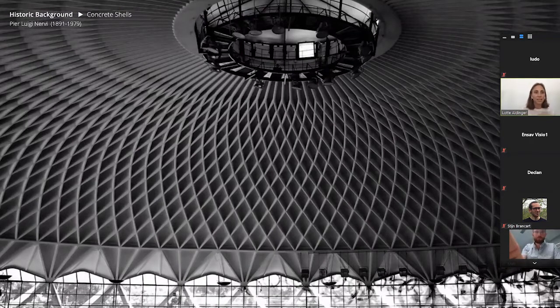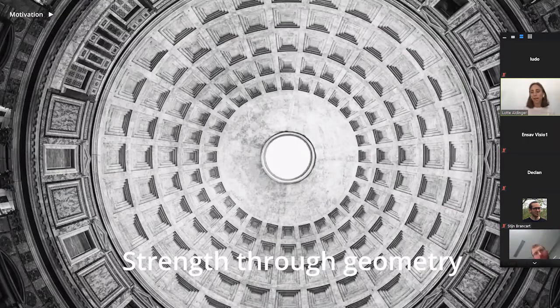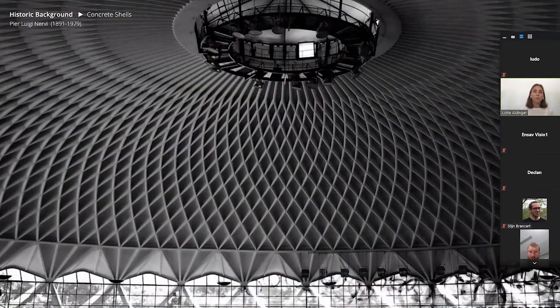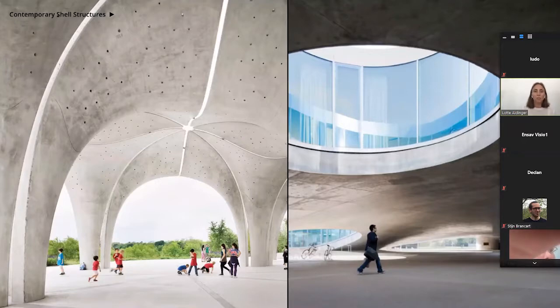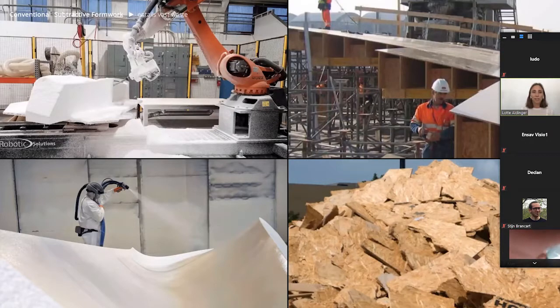Master builders like Nervi in the 60s picked this topic up, and always a key issue was basically how these shells can be formed in terms of formwork systems. So Nervi had this concept of the ferrocement, and nowadays there's a new phase of contemporary shell structures, which are enabled by our digital fabrication techniques.